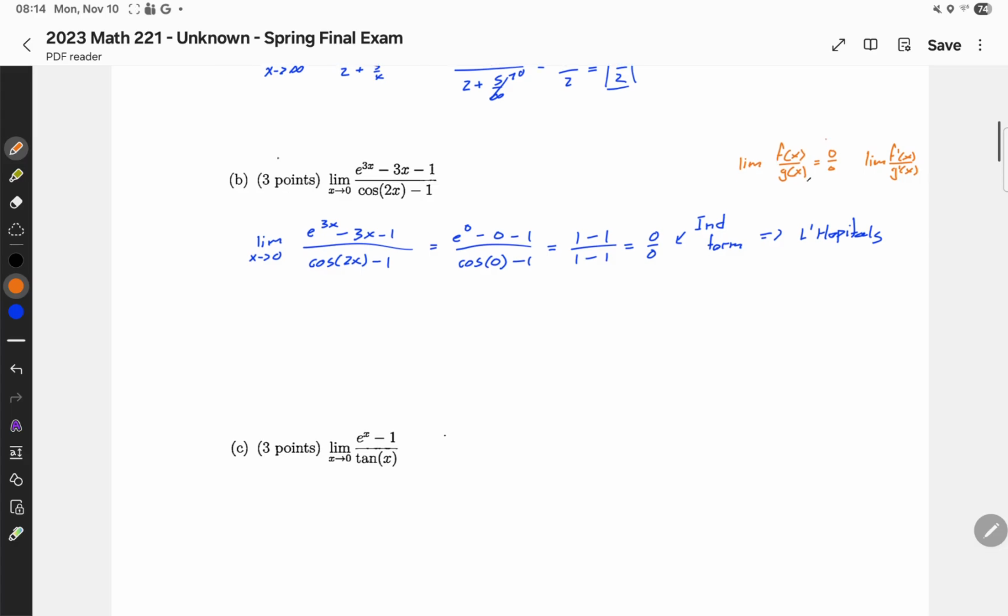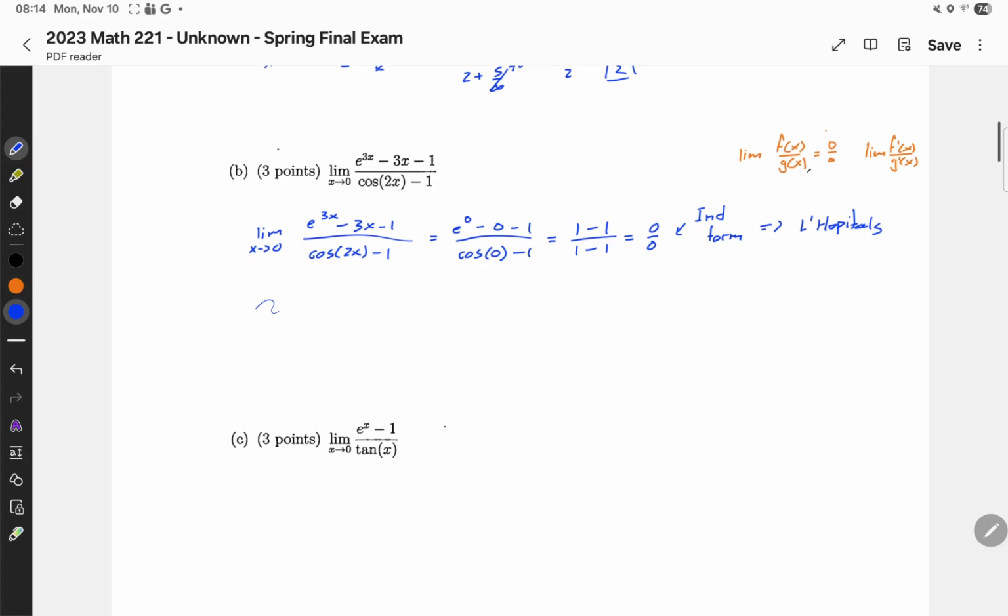So let's go ahead and take these derivatives. By L'Hopital's, this is the same as the limit as x approaches 0 of the derivative of e to the 3x, which is just 3e to the 3x. The derivative of 3x is just 3, so we subtract that.